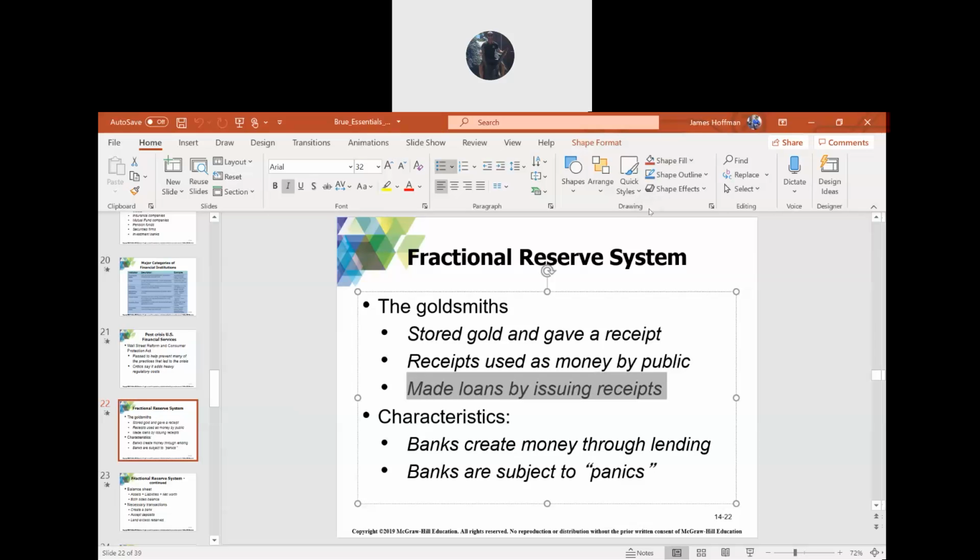They started lending for interest more paper notes than they actually had backed by gold. That's how the fractional reserve system started: demand for the paper was higher than for the gold itself, and banks lent out more than they actually had because nobody came to get their gold.